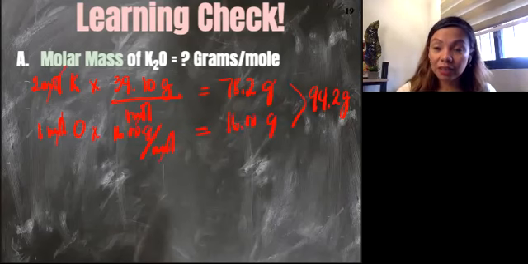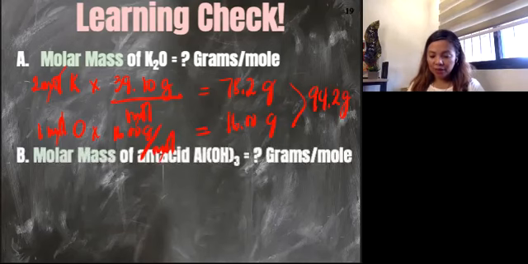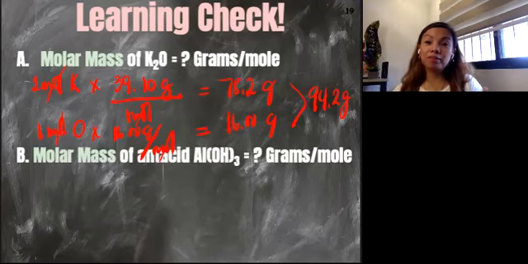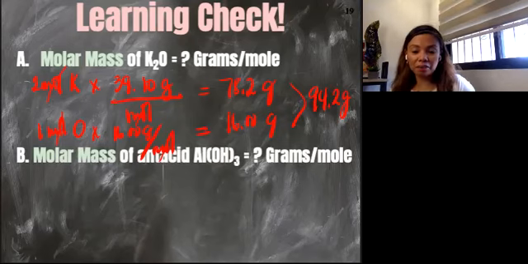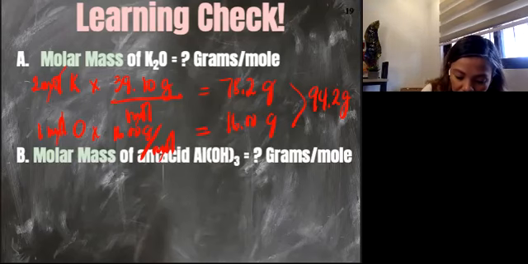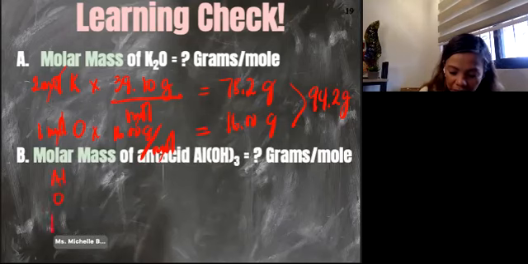Now, let's do another example, and that is an antacid. Your Kremil is known as aluminum hydroxide. How much of each element is present in 1 mole of aluminum hydroxide? Let's have aluminum, then oxygen, and then hydrogen.